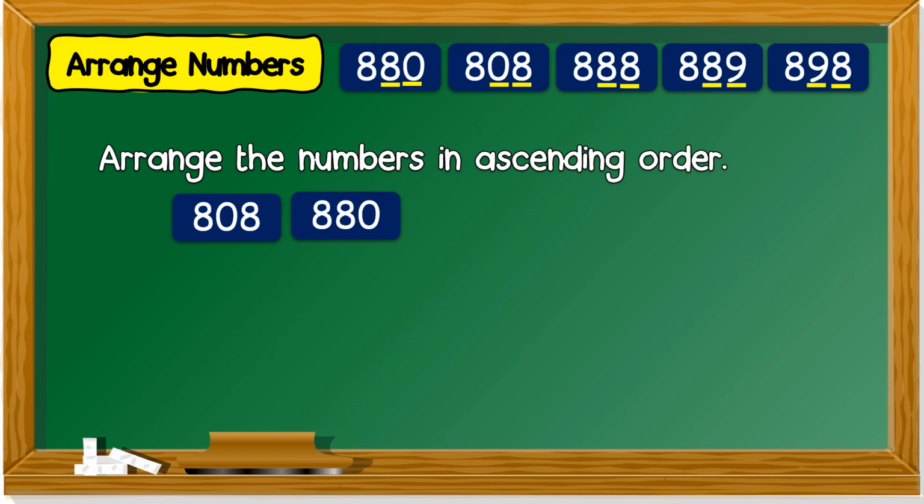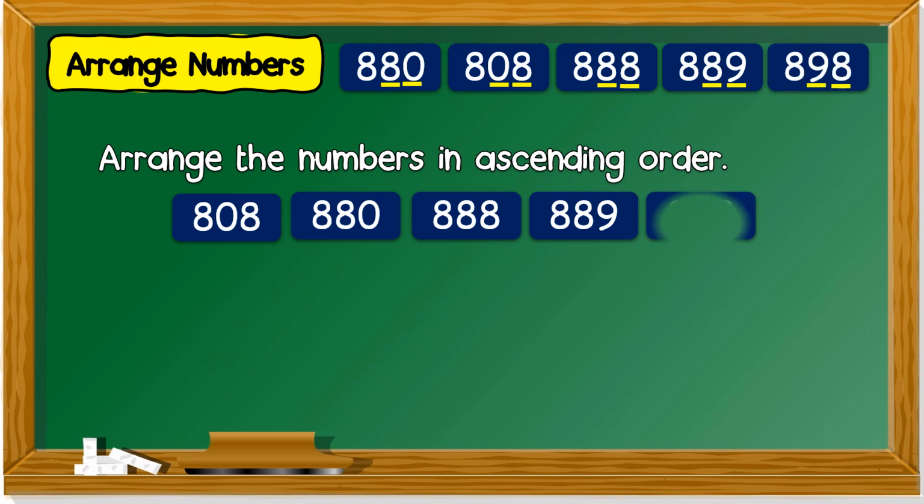Then we have 888 and 889. The last number, the largest one, is 898 because it has 9 tens. So this is the arrangement in ascending order.